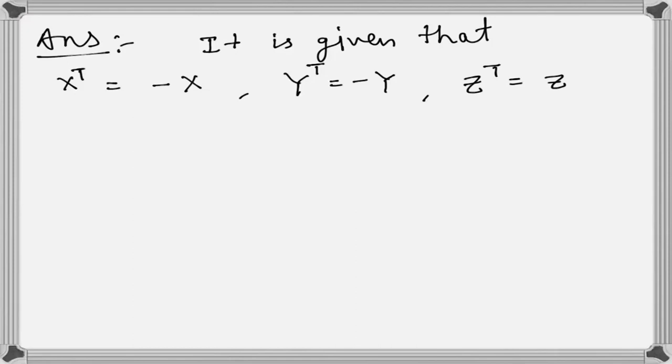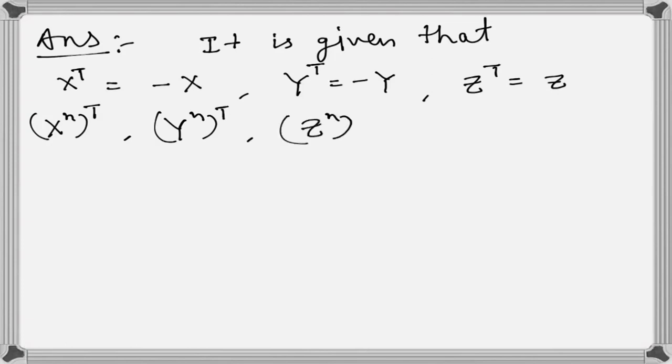Okay, so let's see what we can say about X to the power n transpose, Y to the power n transpose, and Z to the power n transpose for any natural number n.